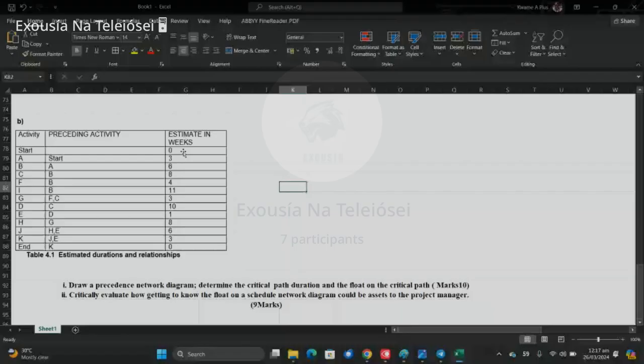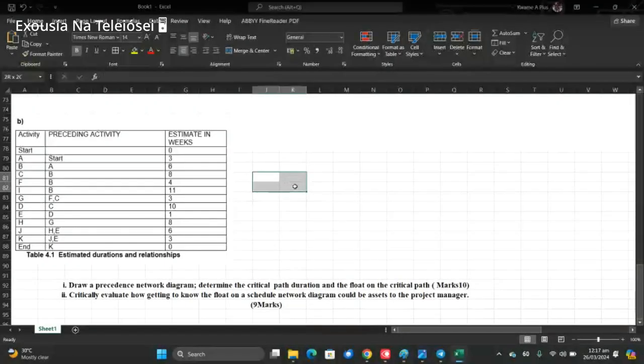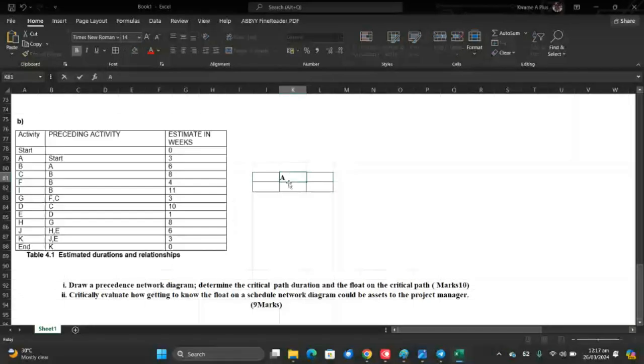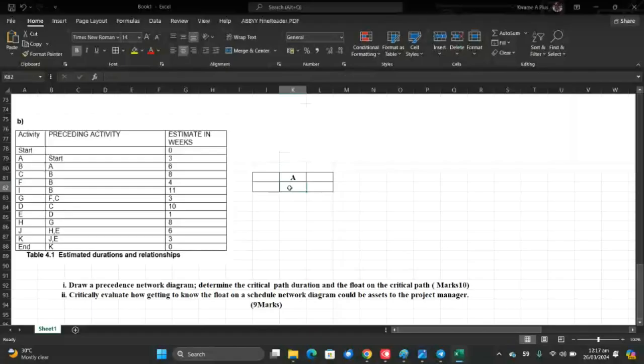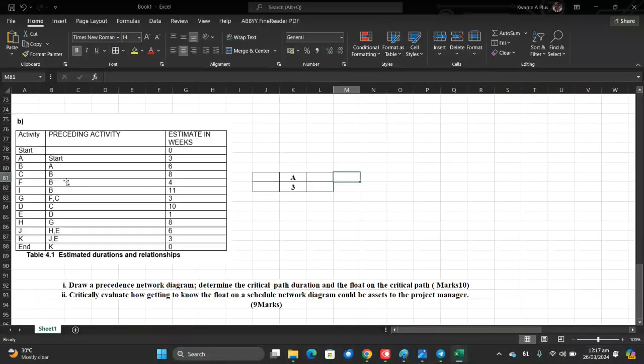So for A here, we have three. Then B precedes A. A starts, and then A precedes B. So let me just put B here.